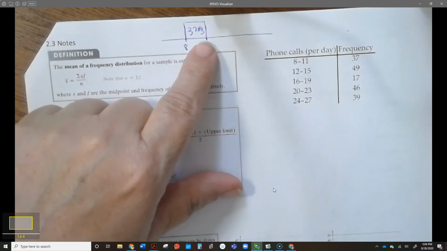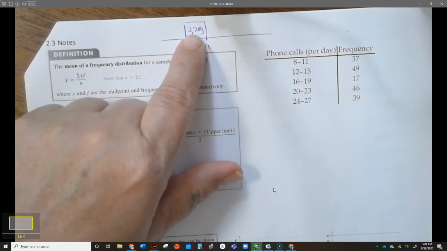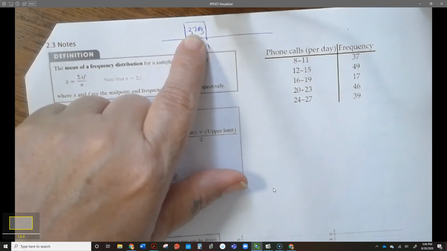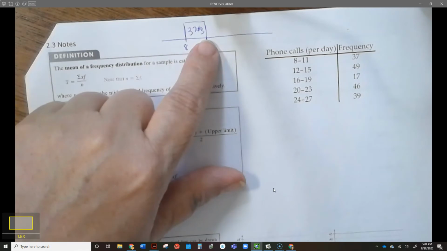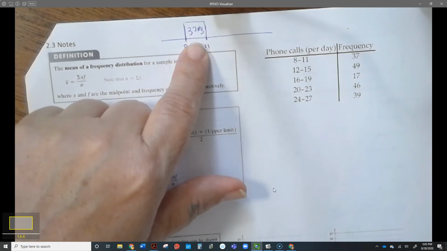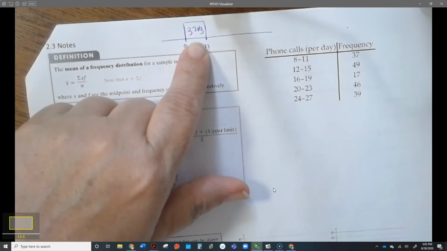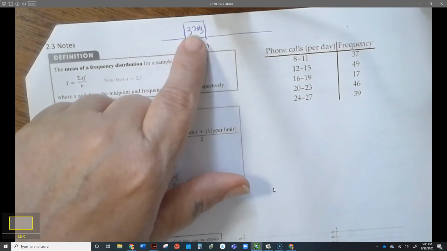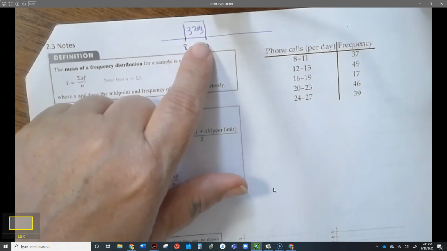Now the problem is I don't know whether there might be 37 8s, or there might be 35 8s and 2 11s, or it might be 3 9s and an 8 and a 10, or whatever.